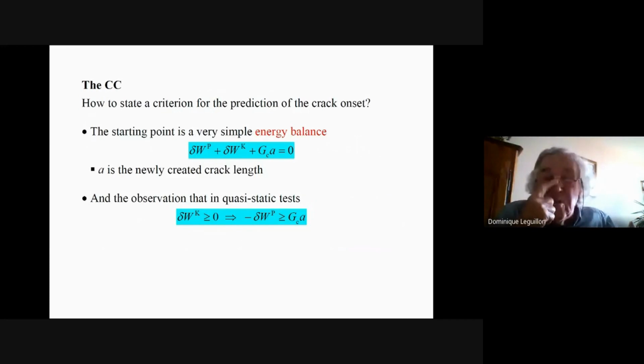I am working in plane strain; some extension to 3D can be considered, I will say some words in the conclusion, but we're in plane strain, so I omit the width of the specimen here. Now, if it is a quasi-static experiment, I mean, at the beginning you load your specimen slowly, as is done in many labs, then it means that this quantity is necessarily positive.